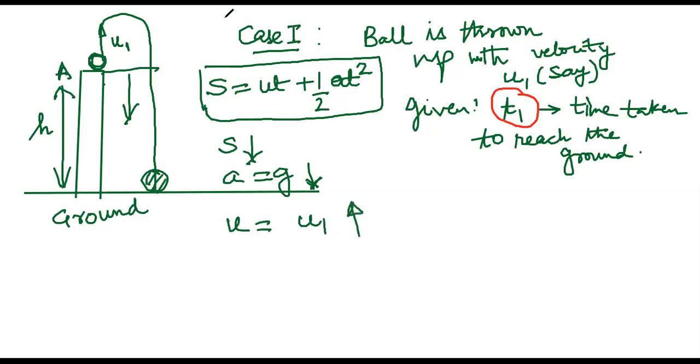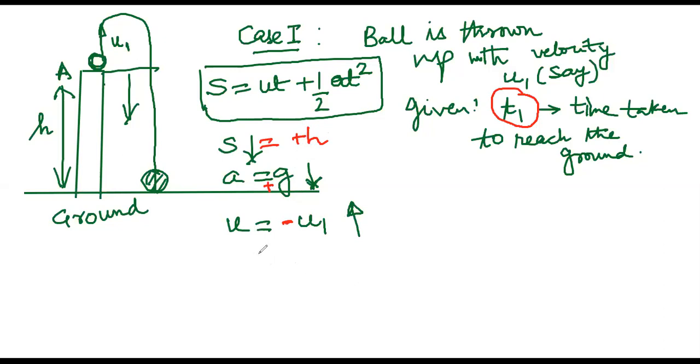So children, if I take this s, which is in the downward direction, to be equal to plus h, because I am taking the downward direction as positive and the upward direction as negative, then acceleration will be equal to plus g, and initial velocity u, since it is thrown in the upward direction, I will take as minus u1.